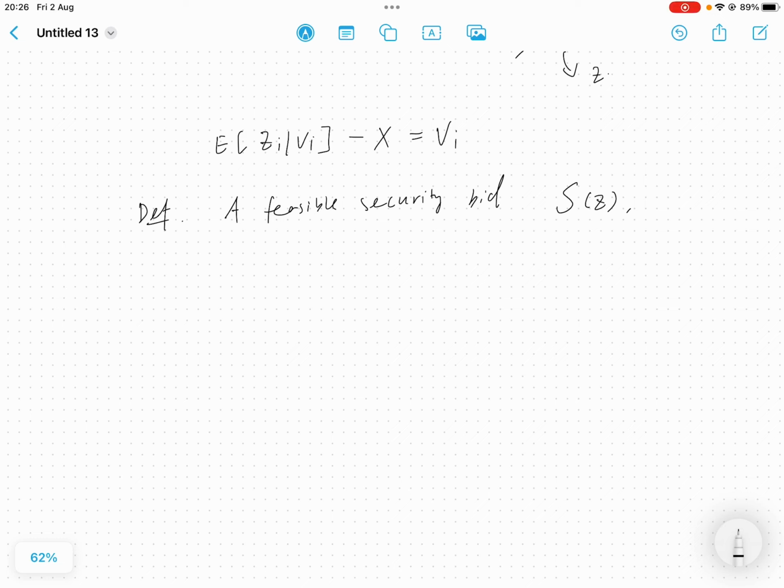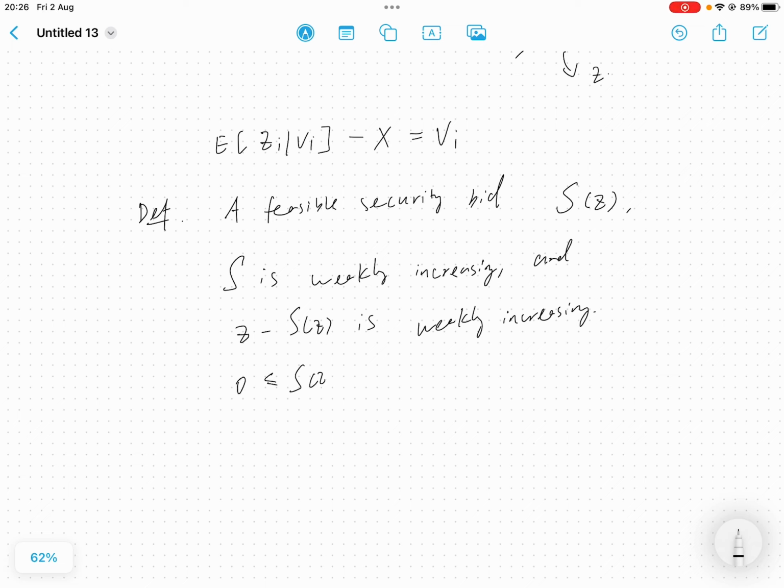This s is weakly increasing, and z minus s(z) is also weakly increasing. In addition, s(z) is in between 0 and z. Those are very important for some proofs later. If it satisfies all those requirements, then we call this security bid a feasible security bid.